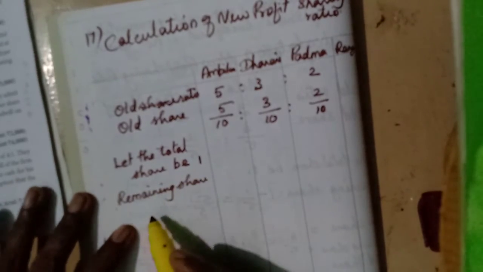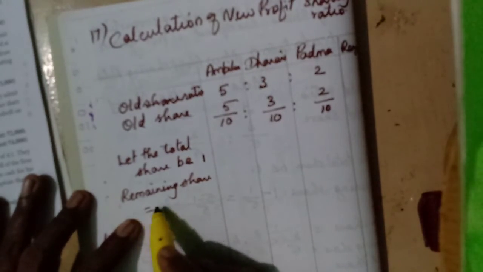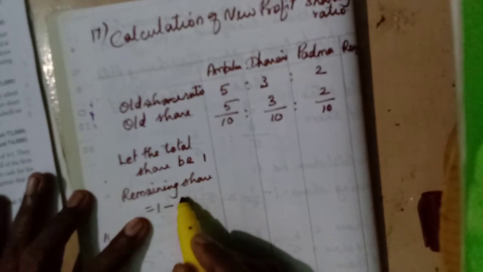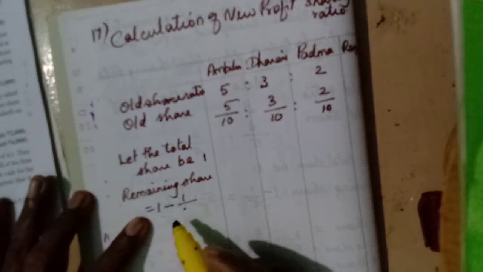Remaining share is equal to 1 minus the new partner's share. The new partner's share we calculated, no? Okay, here 25% is given, isn't it? 25% means 25 by 100.